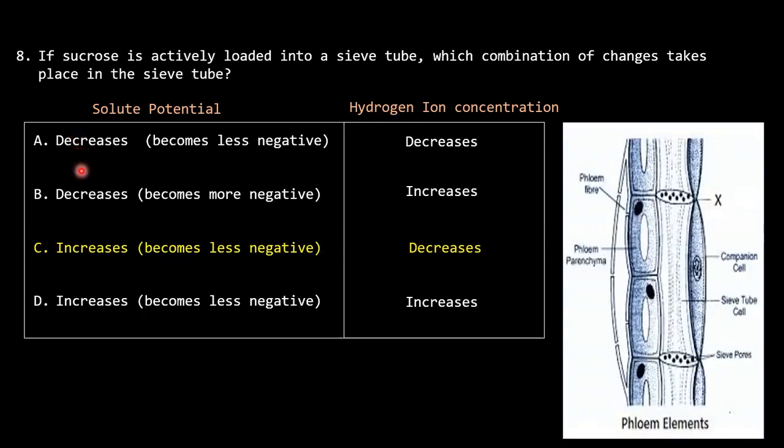It doesn't decrease, it increases. So solute potential increases, and it becomes less negative. Solute potential is always negative. And the hydrogen ion concentration decreases because the water potential will decrease, because some of the water will surround the solute. So the hydrogen ion concentration will decrease, not increase. So the answer is C.